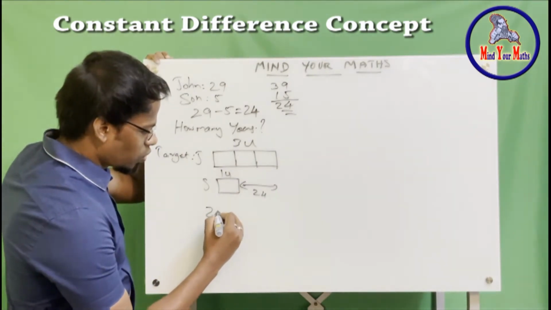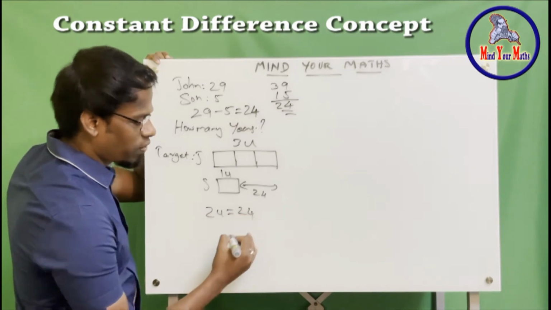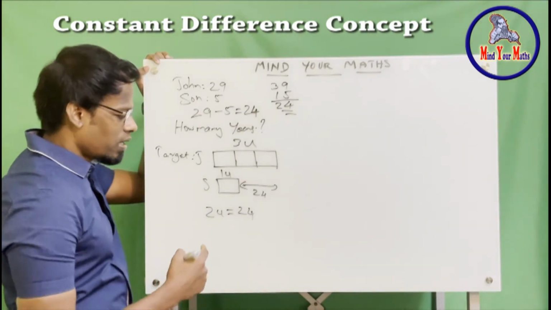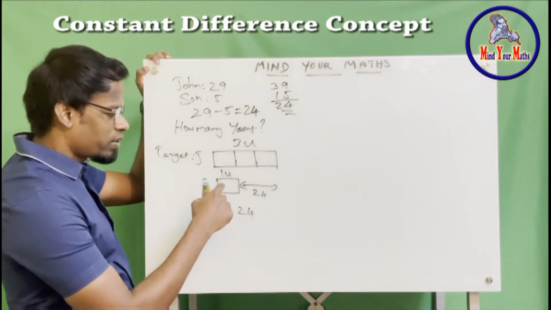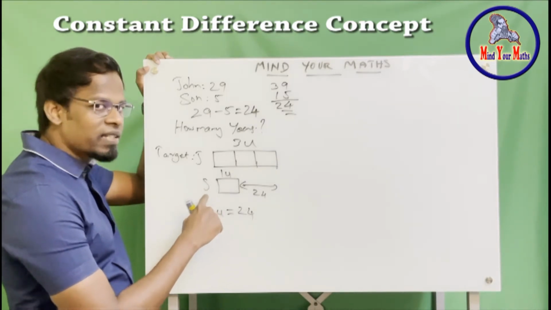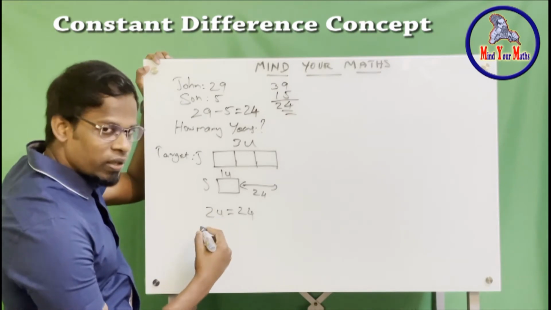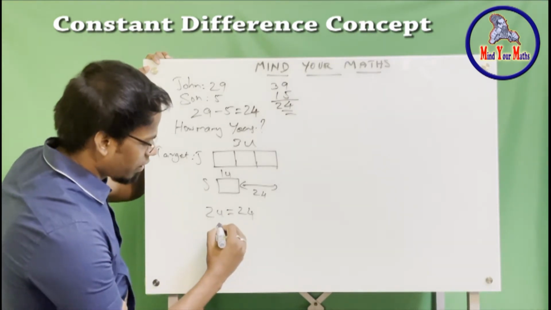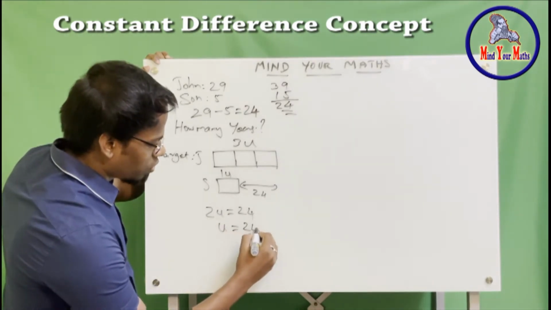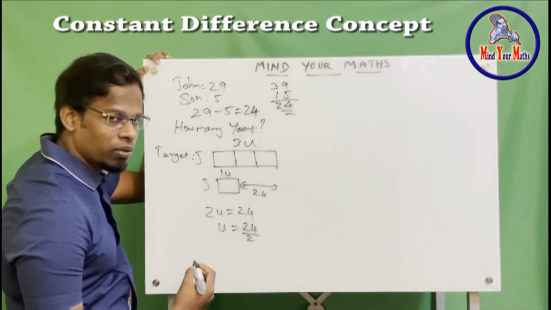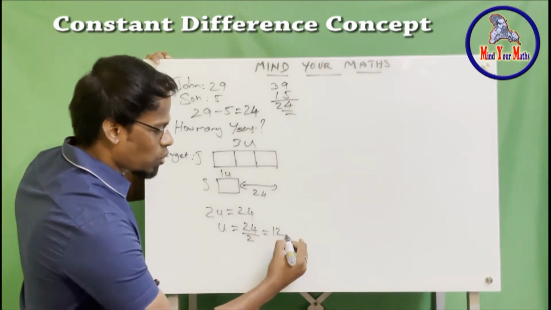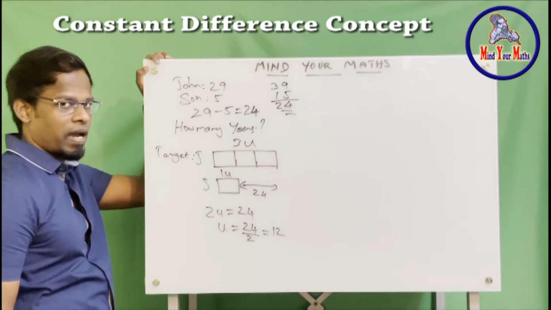So 2 units is equal to 24. Now what is 1 unit, which is what we need to find to get the son's age? To find 1 unit, what do we do? Exactly, 1 unit is equal to 24 divided by 2, which is 12.